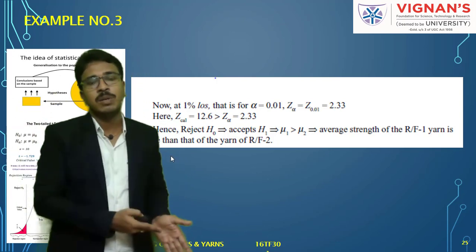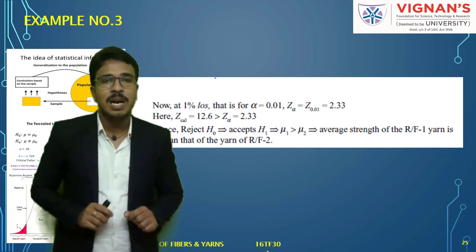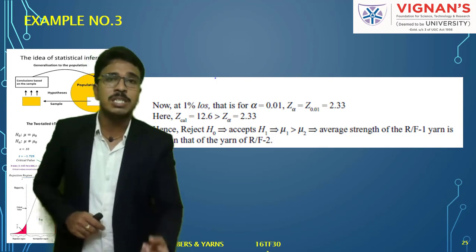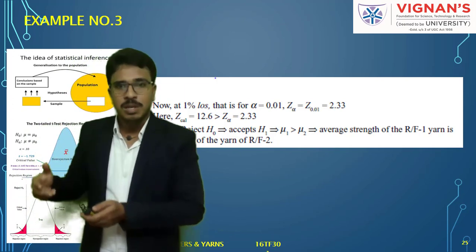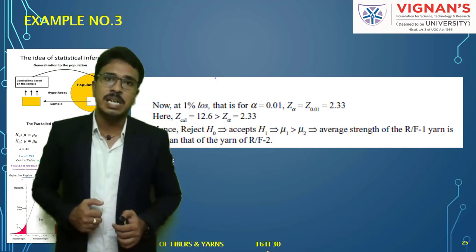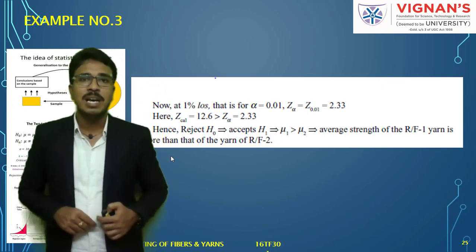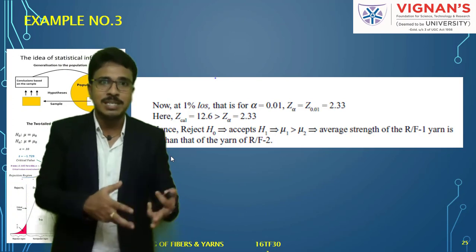So we have to reject our H naught, and we have to accept the H1. And according to the hypothesis we set in the alternative hypothesis, we have to draw our statistical inference.